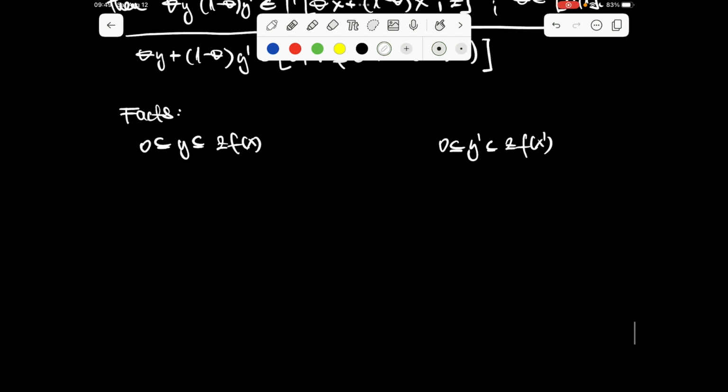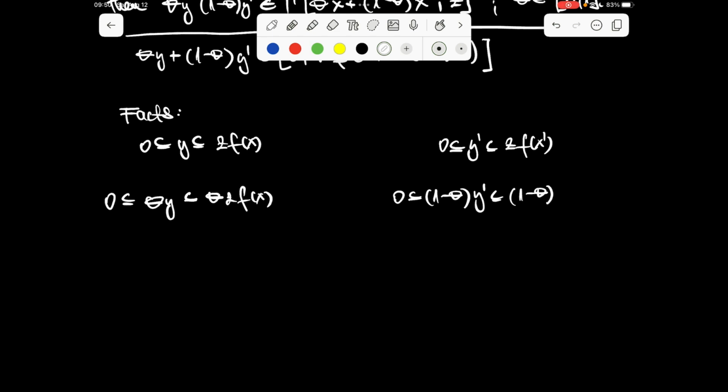It follows that this relation also holds, and there is a pair for this relation in the other case.